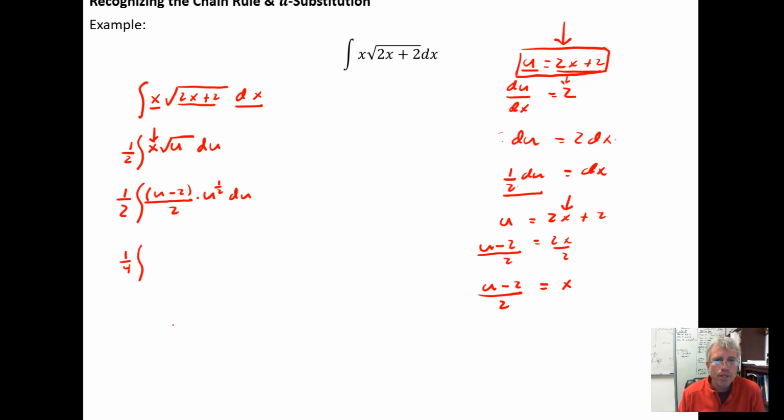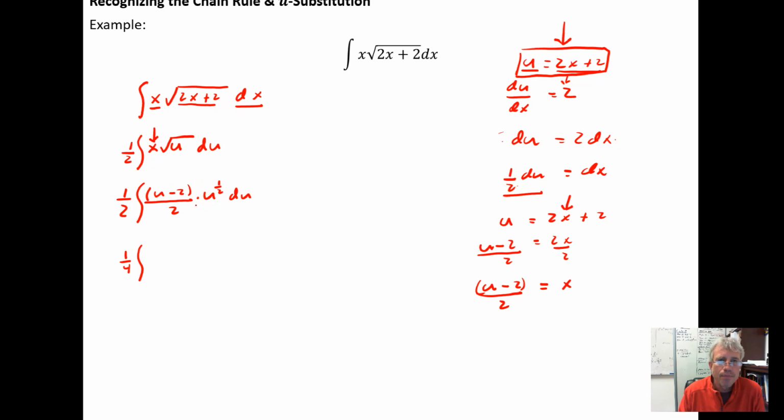So 1/4 the integral. And what's happened here is because I wound up with a linear term here, I'm able to distribute the u to the 1/2 into the parentheses. If I'd wound up with an exponent other than 1 on the parentheses, I wouldn't be able to distribute. But because I wound up with just a 1 here, a linear term, I can distribute the u now into the parentheses.